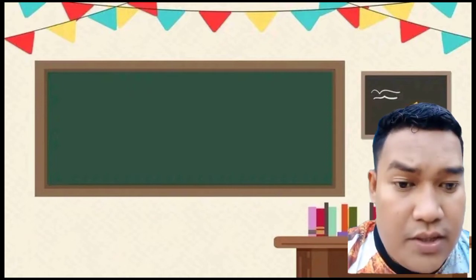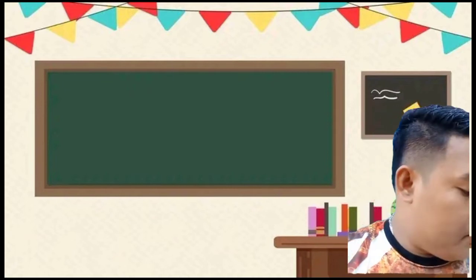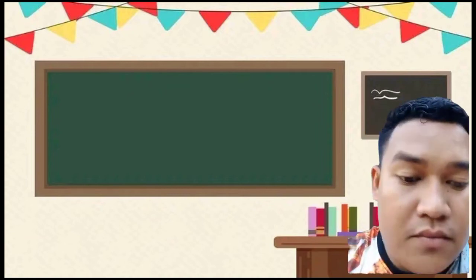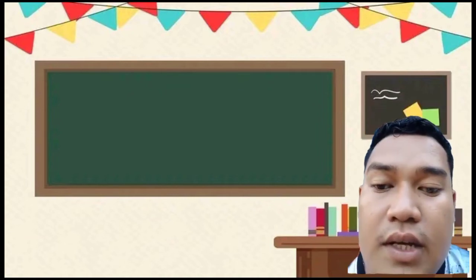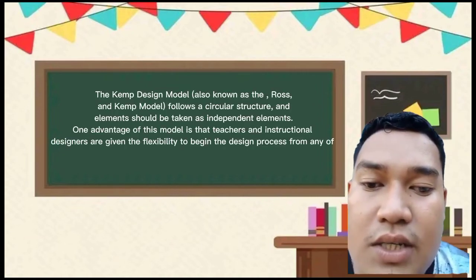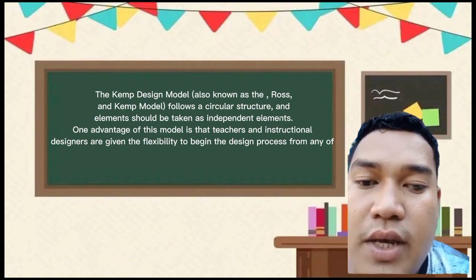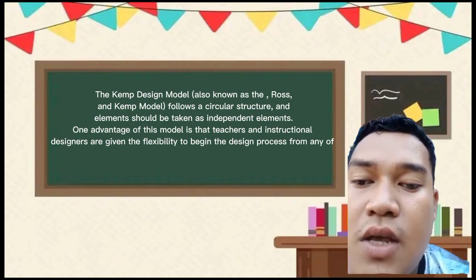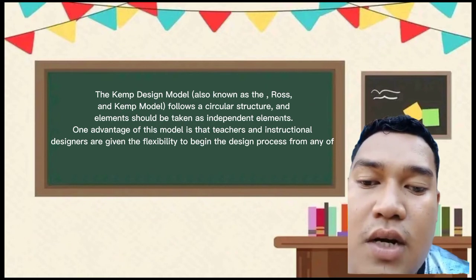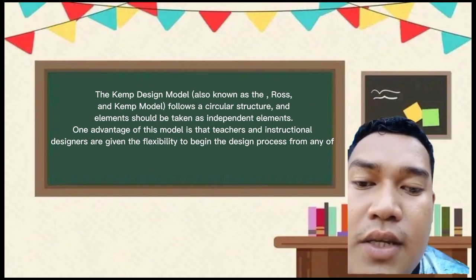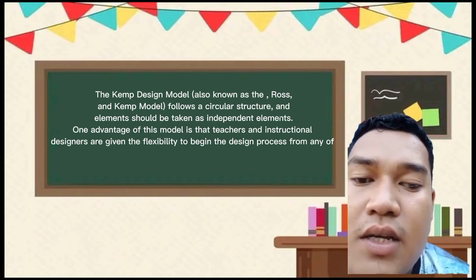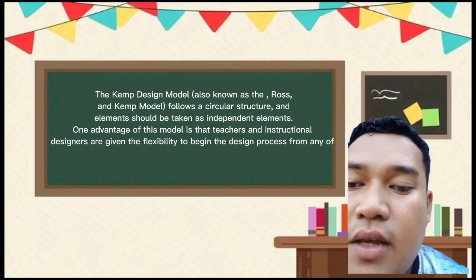This is the continuation of Lesson 7, the ASSURE design model. The ASSURE design model, also known as the Morrison-Ross model, follows a circular structure, and each element should be taken as an independent element.